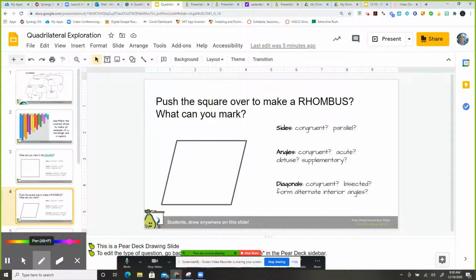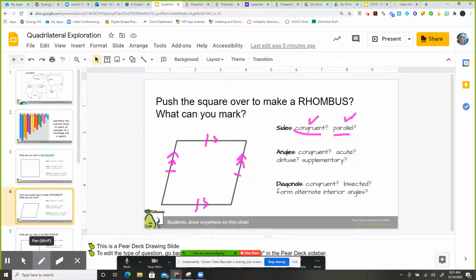So for the sides, they're still congruent. They're still all exactly the same because it started as a square. They're still parallel because when it got run over, it stayed parallel, right? So they're parallel and they're congruent, but they no longer have those right angles.